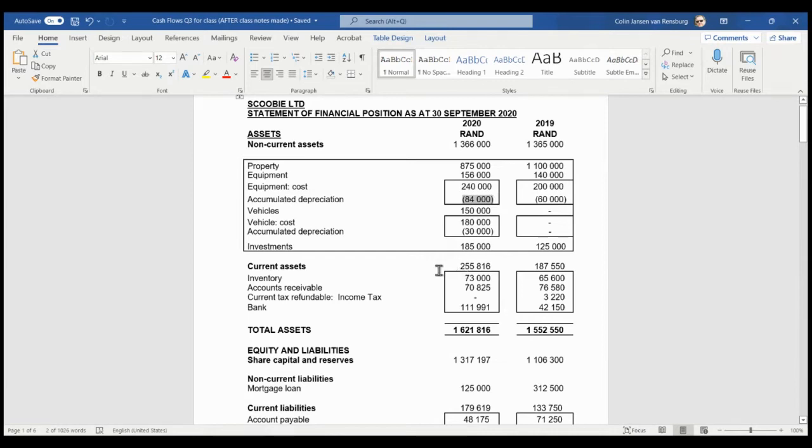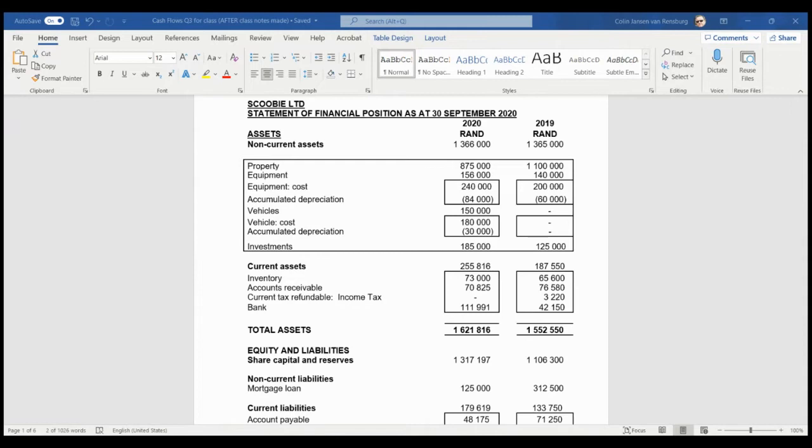Right. So how much is the depreciation expense on equipment for this financial year? If you can type that for me, please. 24,000. Thank you. So our depreciation expense on equipment for this year would be 24,000 rands.